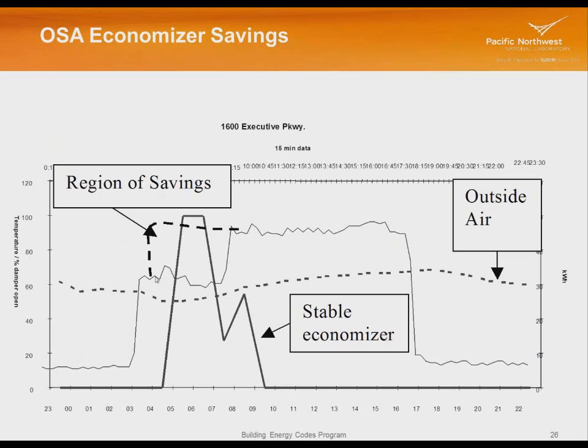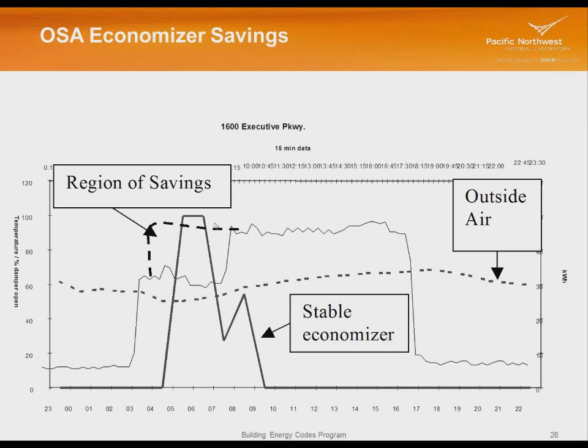So why do we put an economizer in? When the outside air is cool, and this dotted line is outside air, when it's cool enough, instead of running the cooling compressor, and this line represents the energy used by the chiller or the cooling compressor, you can see it turns off, and we can use the outside air.